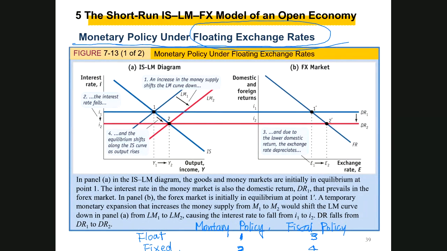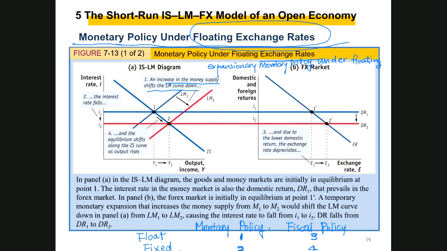If I have an expansionary monetary policy under the floating exchange rate regime. Okay, so an increase in the money supply shifts the LM curve down, or shifts the LM curve to the right.